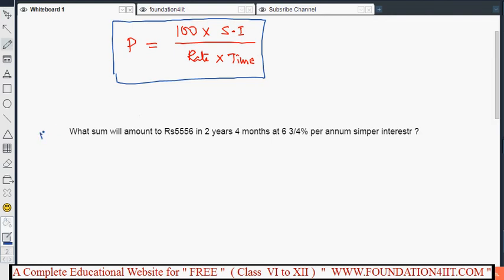Okay, let us see this simple problem first. What sum will amount to this 5,556? So here let the sum be x. So principal only we need to find out.